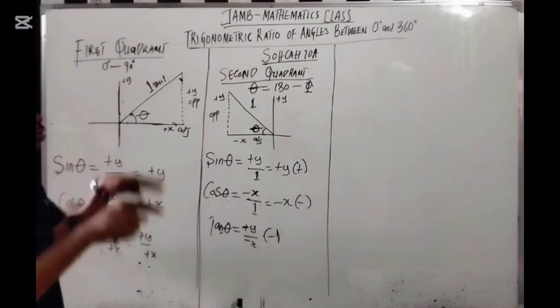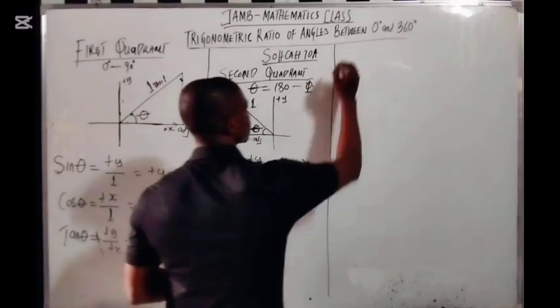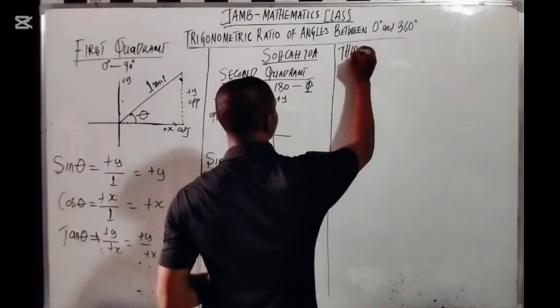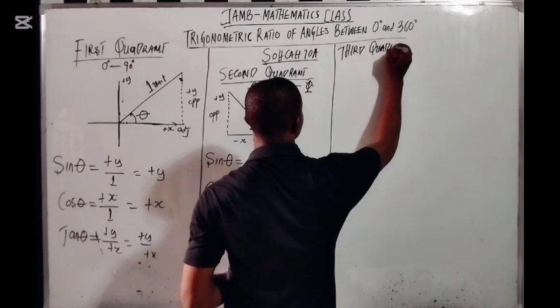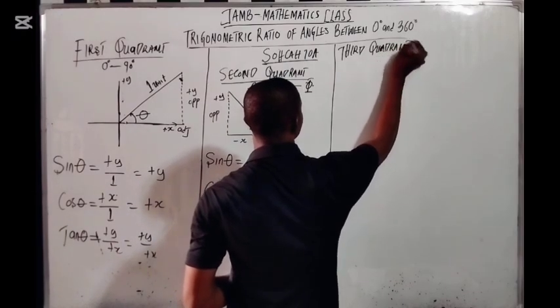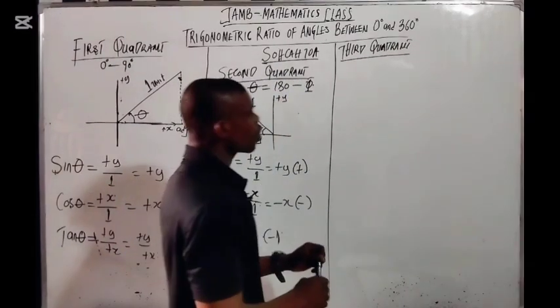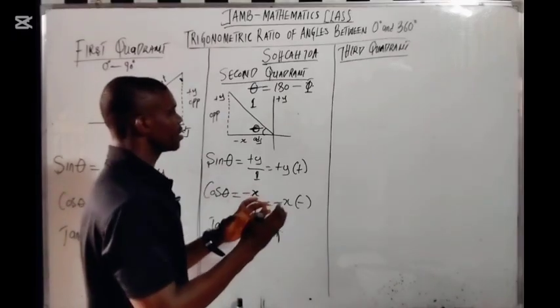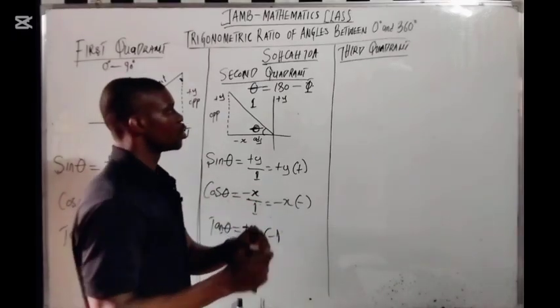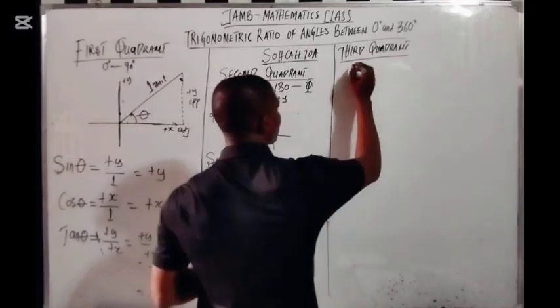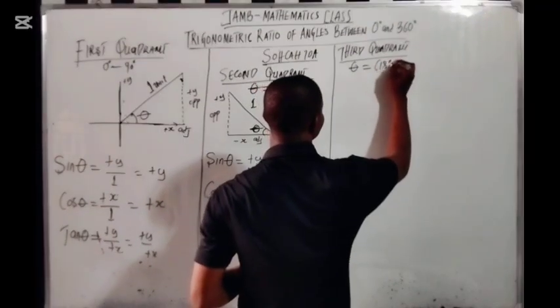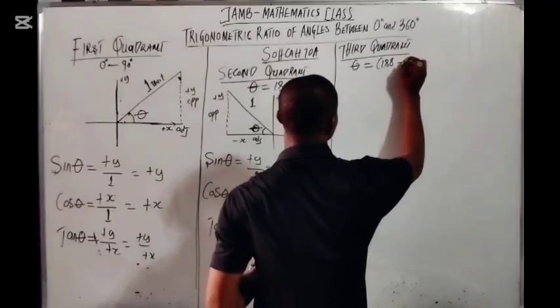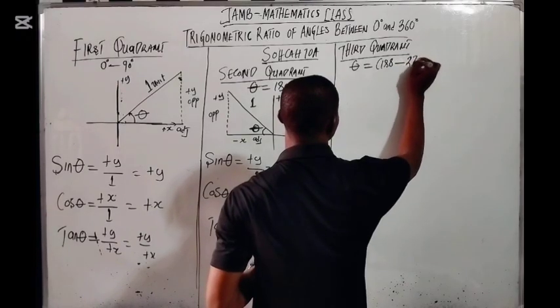So now let me go to the third quadrant. In the third quadrant, the angle is between 180 and 270 degrees.